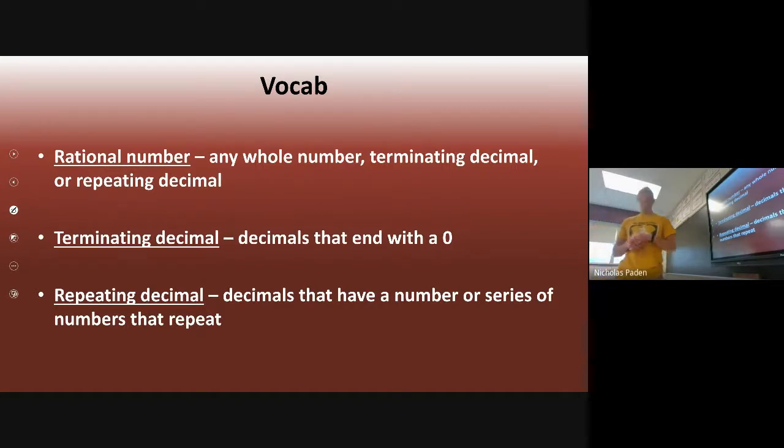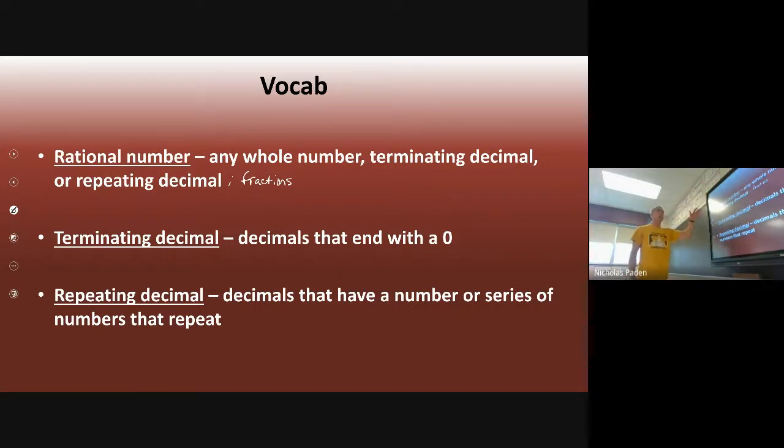Okay, so a rational number is any whole number, a terminating decimal, or a repeating decimal. And what also goes along with a terminating and a repeating decimal would be any fractions. And these can all be positive or negative.